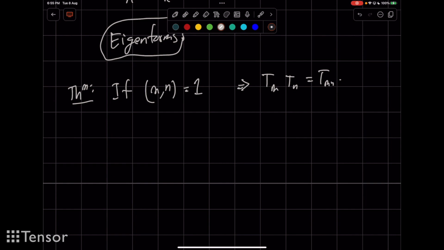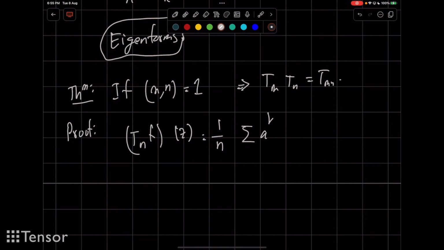And the proof goes like this. T_n f of z is equal to 1 over n times the sum of a to the power k times f of az, where the sum is over a.